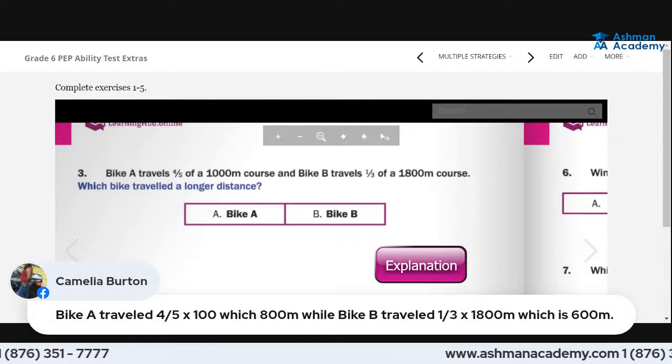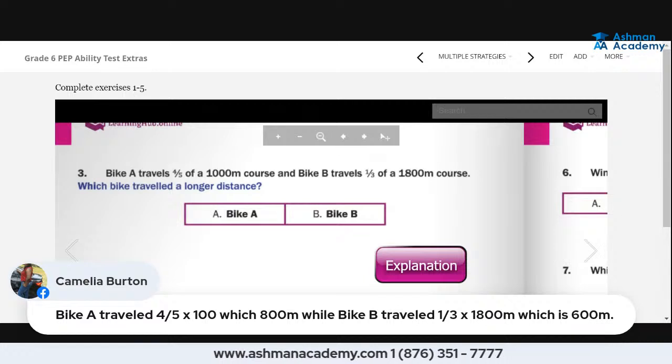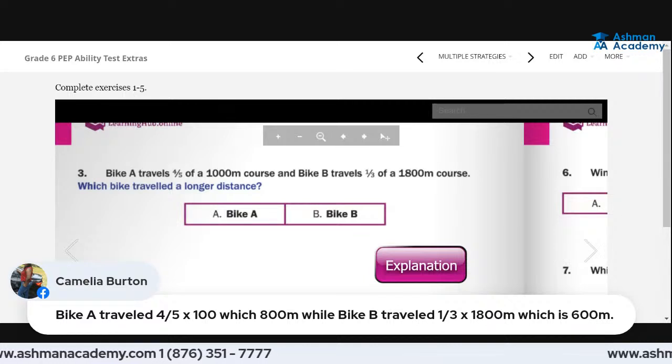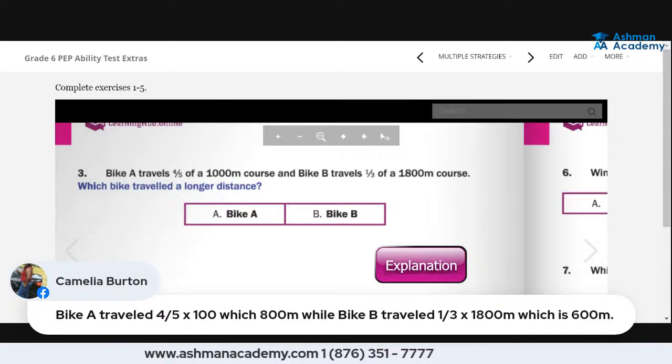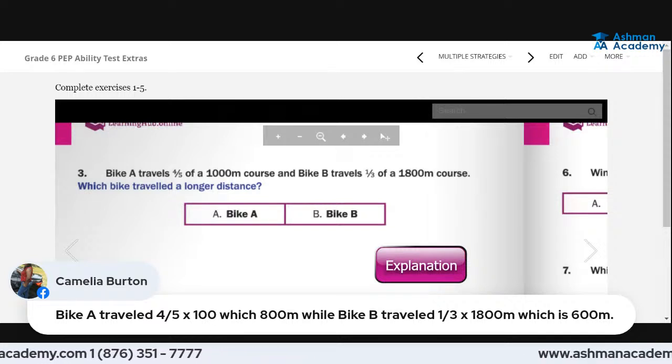So bike A traveled 4/5 times 100, which is 800 meters. No, 4/5 times 100 cannot be 800. You're talking about 4/5 times 1,000, while bike B traveled 1/3 times 1,800, which is 600. So what's the answer, Camelia? Which bike traveled a longer distance?